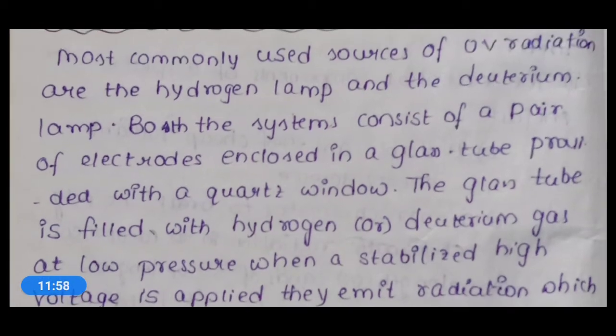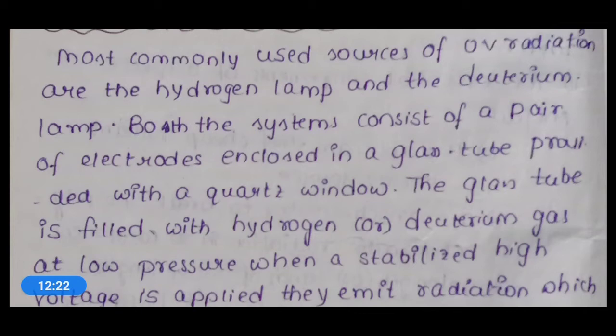A pair of electrodes means nothing but anode and cathode, and these will be enclosed in a glass, and inside the glass will be hydrogen gas or deuterium gas. So that's why we call them hydrogen lamp and deuterium lamp.